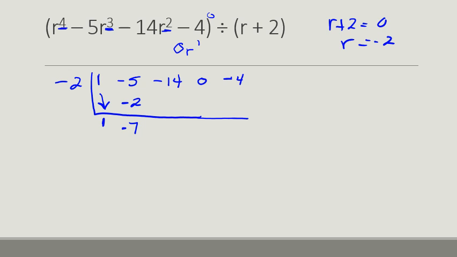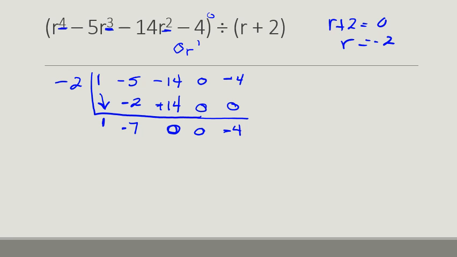Multiply negative 2 times negative 7, I get positive 14. If I add that, I get 0. Okay. Negative 2 times 0 is 0. And when I add that, I get 0. Negative 2 times 0, again, is 0. And when I add, I get negative 4.